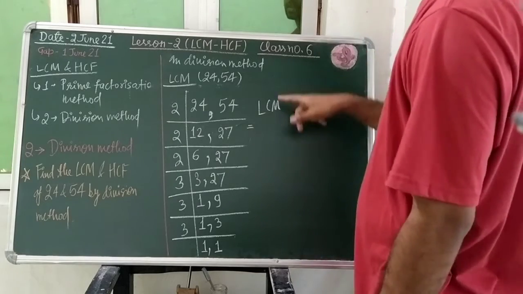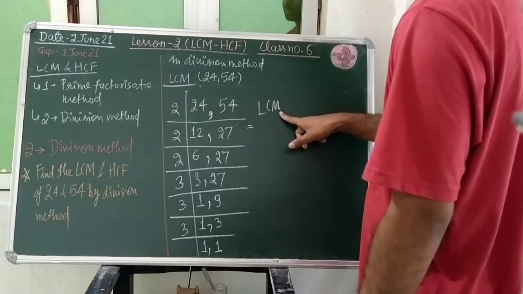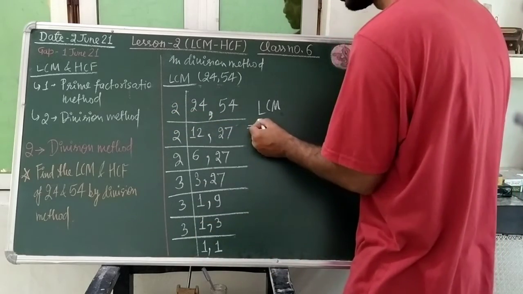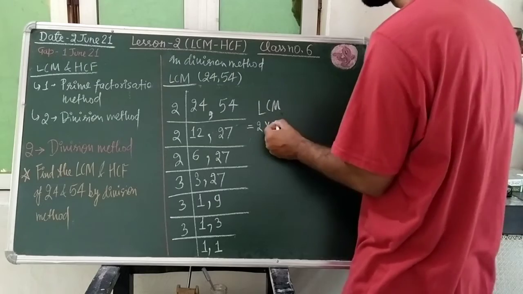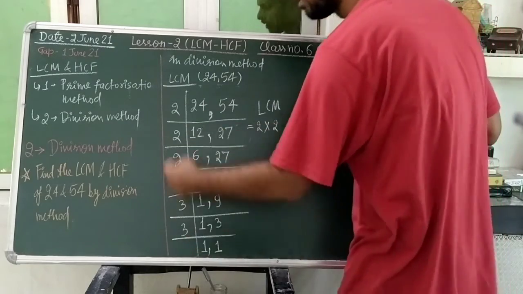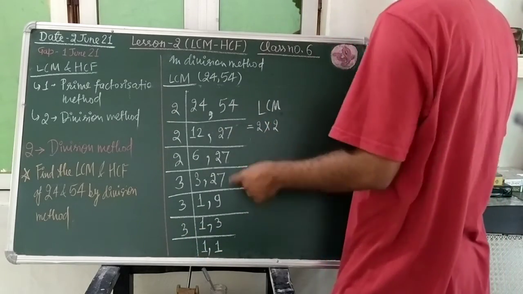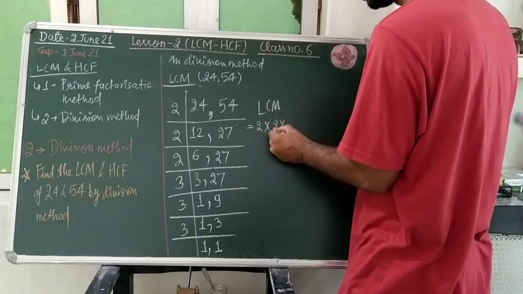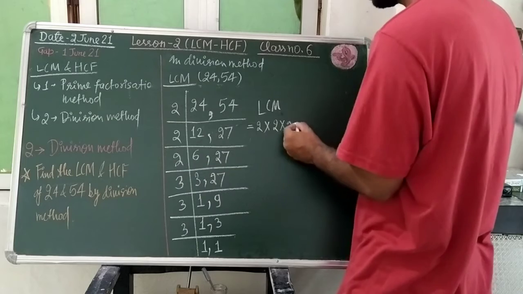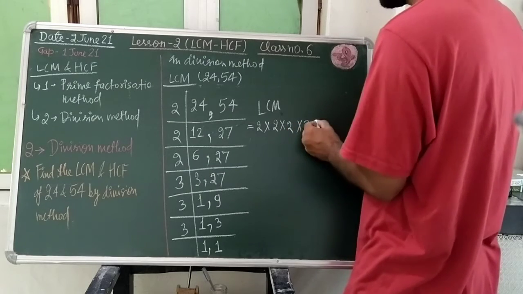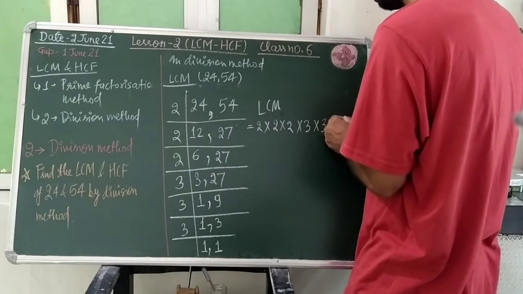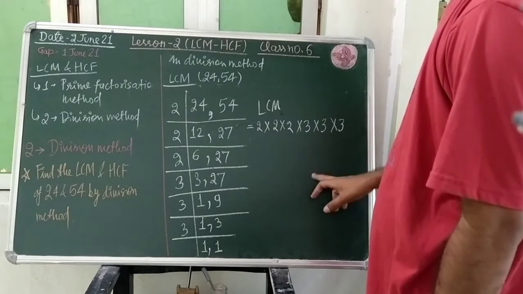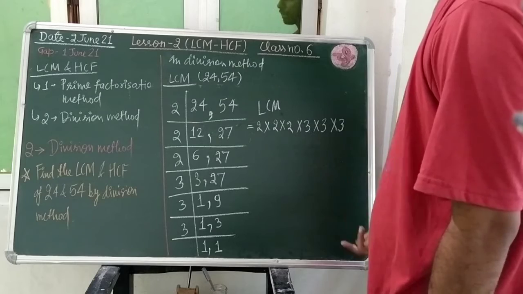And when shall we write down the LCM, students? Whatever numbers we select here, those numbers we will write with the multiply operator. So 2 into 2 into 2 into 3 into 3 into 3. No need of writing it in the form of power.